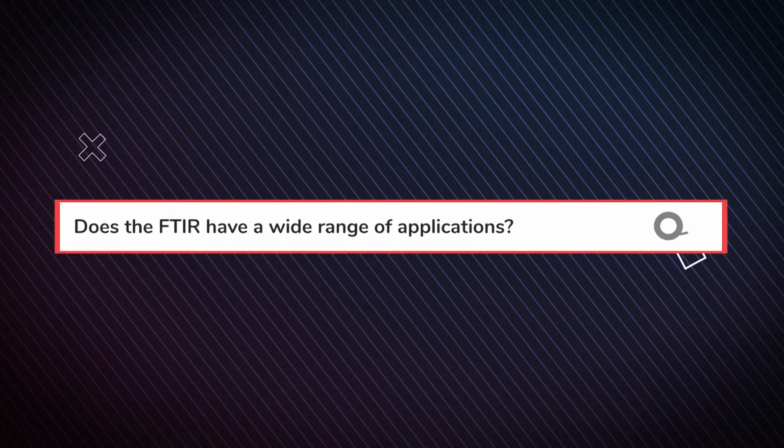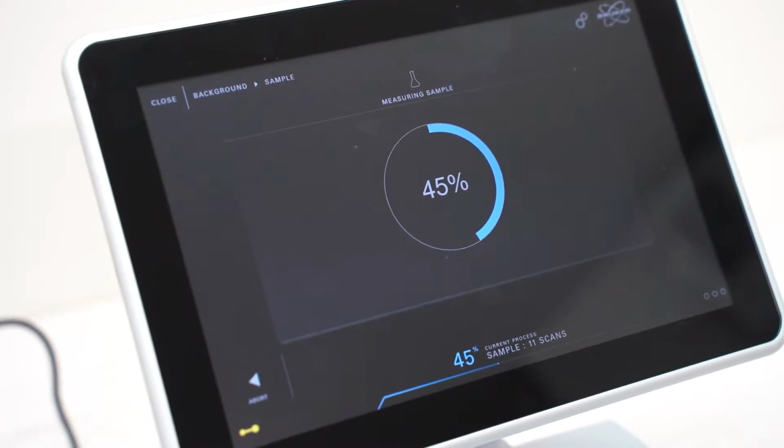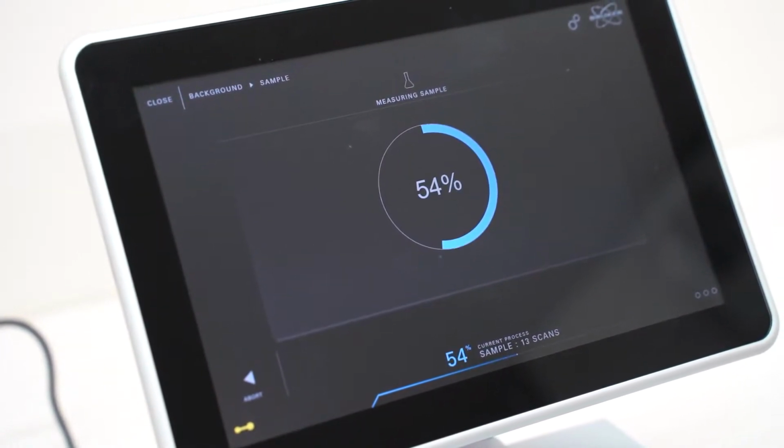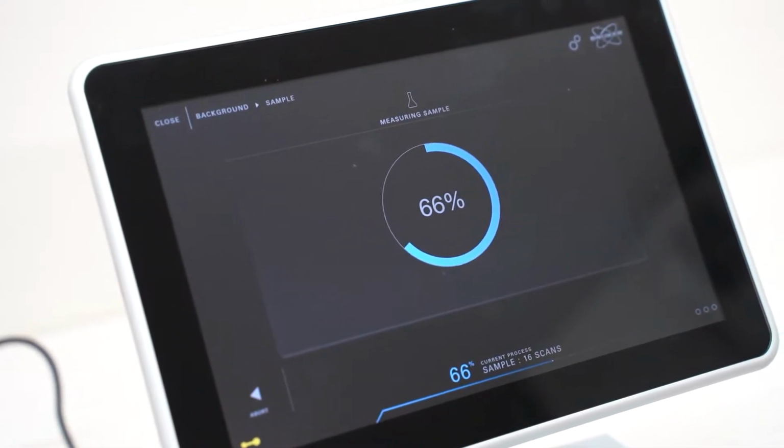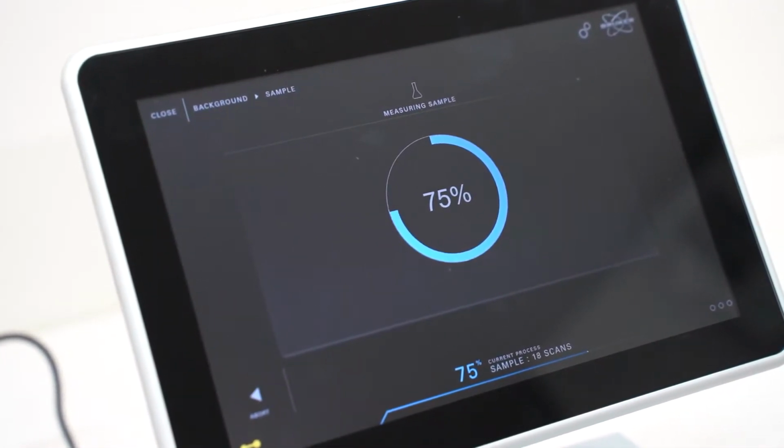You mentioned using the FTIR on documents. Does it have a wide range of applications? Portable Spectral Services does most of its work in the mining industry, but in-house we have done experiments looking at different types of pigments and papers. We have someone in-house currently doing a research project looking at how we can compare pigments on different documents to see how they relate to certain period pieces.